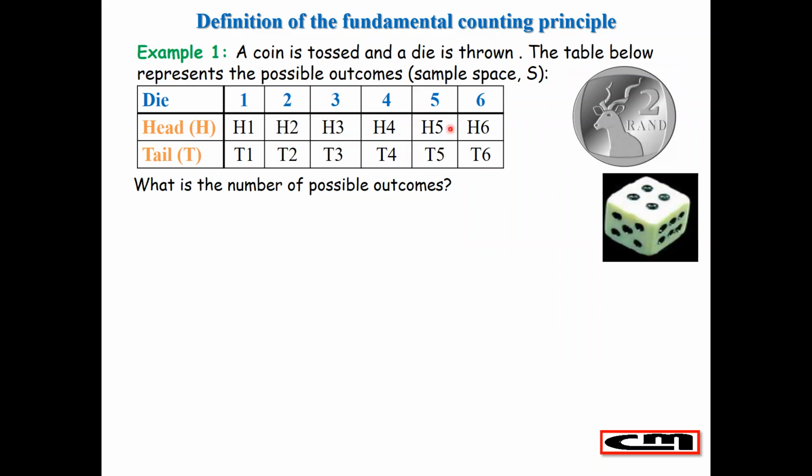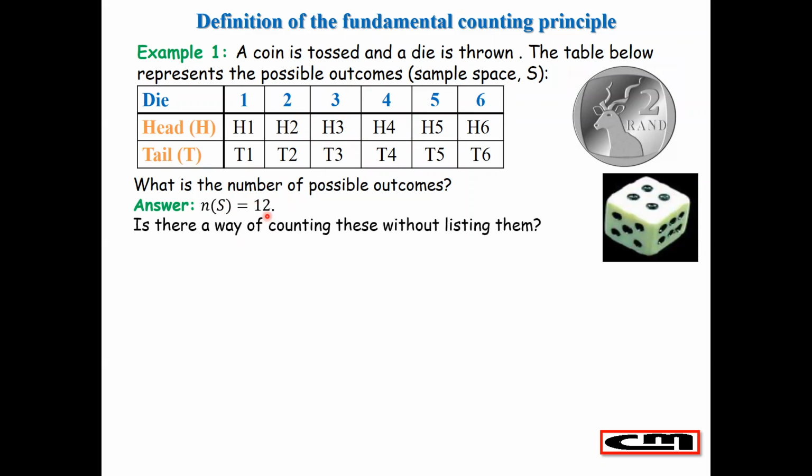Now, if these are the possible outcomes, what is the number of these possible outcomes? We can physically count them and see how many they are. We have 1, 2, 3, 4, 5, 6, 7, 8, 9, 10, 11, 12. They are 12, right? So the number of elements in set S, which is the sample space represented here in the table, is equal to 12.